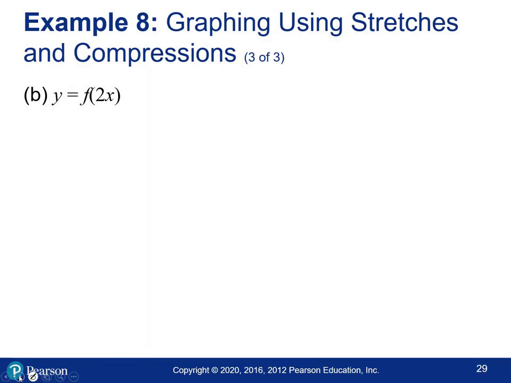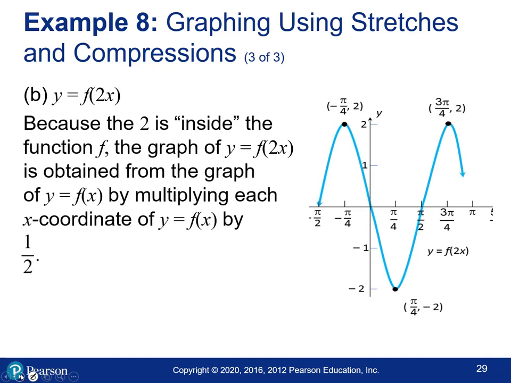And then for this one, we know that this is going to compress horizontally because the 2 is inside with the x. And so remember what we had? We had the point -pi/2, and that point actually got, it looks like it went to the right. It didn't quite shift. It kind of got smashed toward the right, inward. And same thing over here. This point used to be over to the right more, and it got kind of smashed inward.